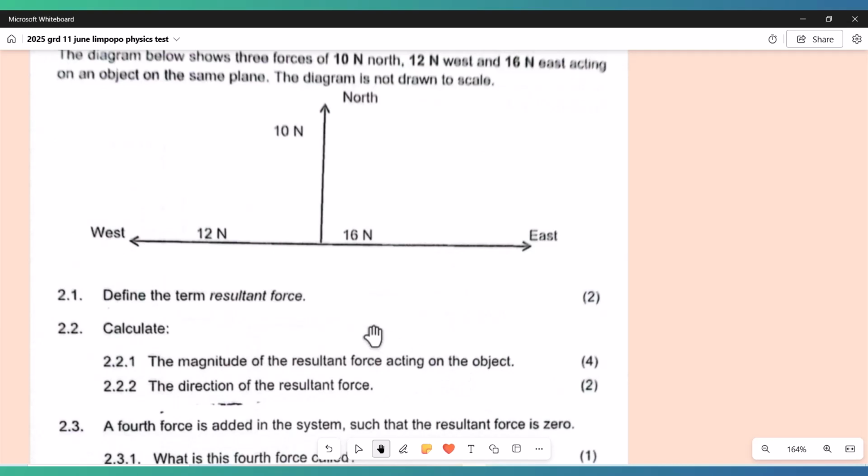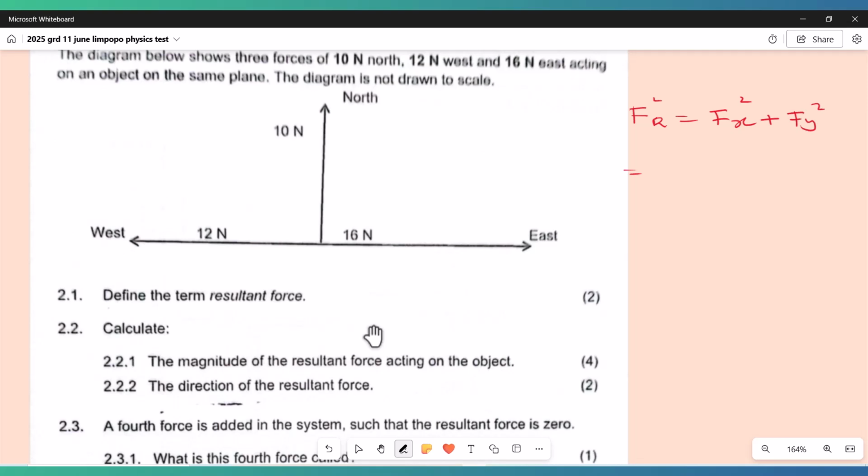They say calculate the magnitude of the resultant force acting on the object. Now, as you can see, we have got those which are horizontal and then vertical. So our F resultant in this case is given by all the forces which are horizontal, Fx, squared, plus all the forces which are vertical, Fy, squared.